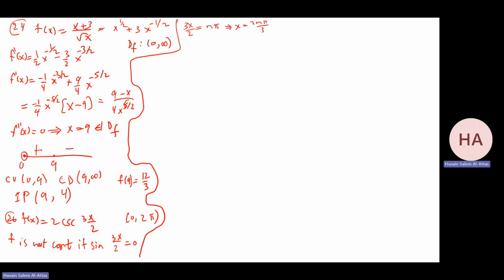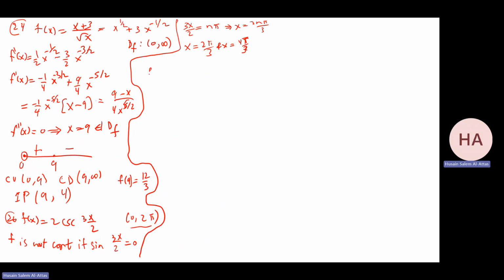Okay. Don't forget the interval 0 to 2 pi. That means I have x equals 2 pi over 3 and x equals 4 pi over 3. This is what I need to avoid. These are the points of discontinuity.